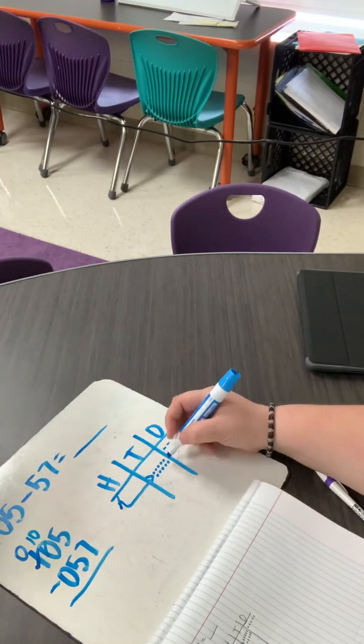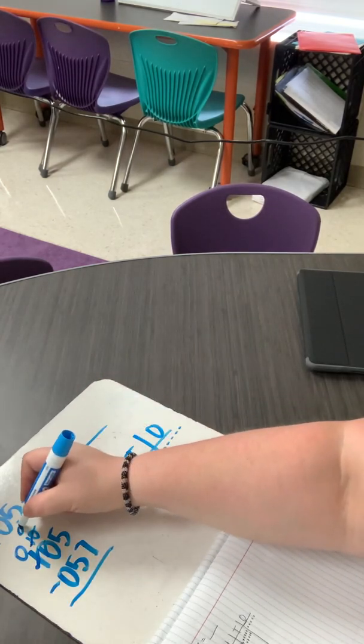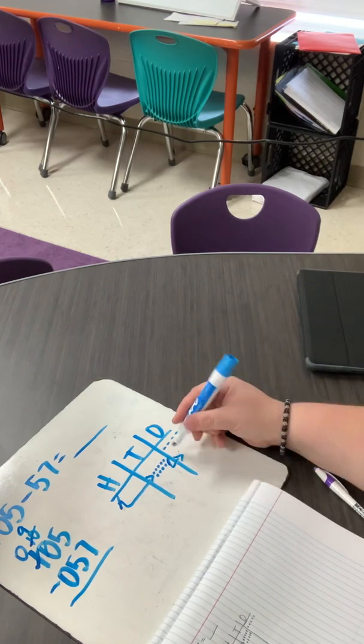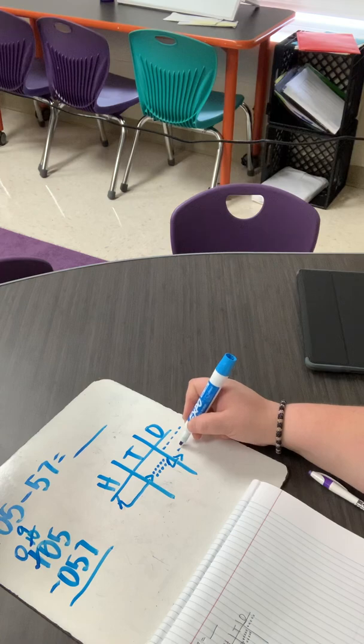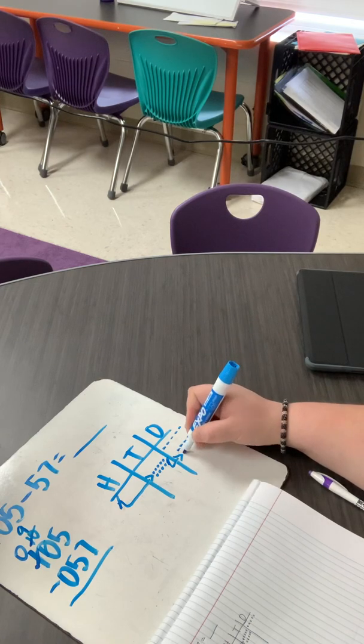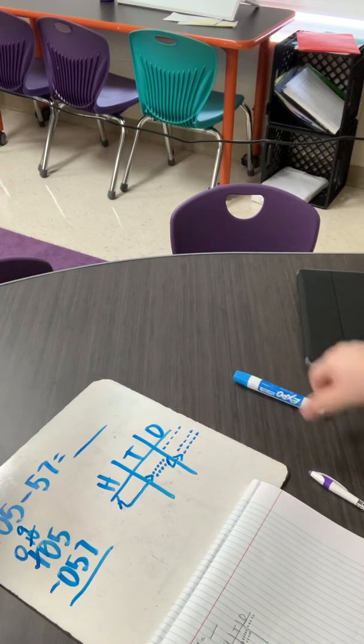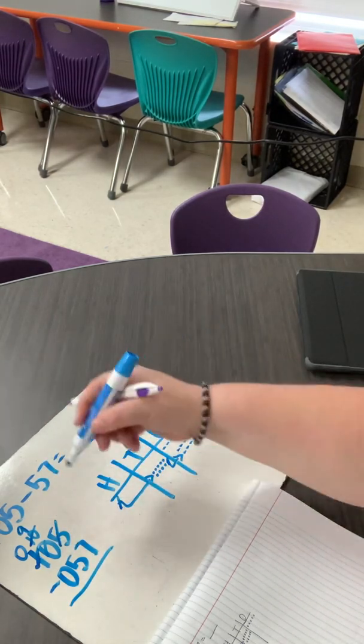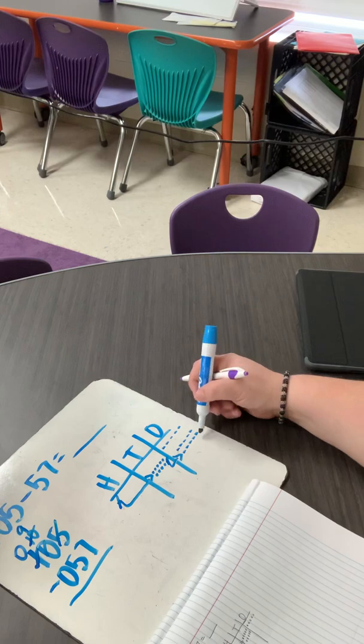So I'm going to take away a 10. That means I'm going to have 9 tens left. And I'm going to unbundle the 10 to make it 10 ones. So 1, 2, 3, 4, 5, 6, 7, 8, 9, 10. And I'm going to do that over here to show that I have 15, 5, 10, 15.